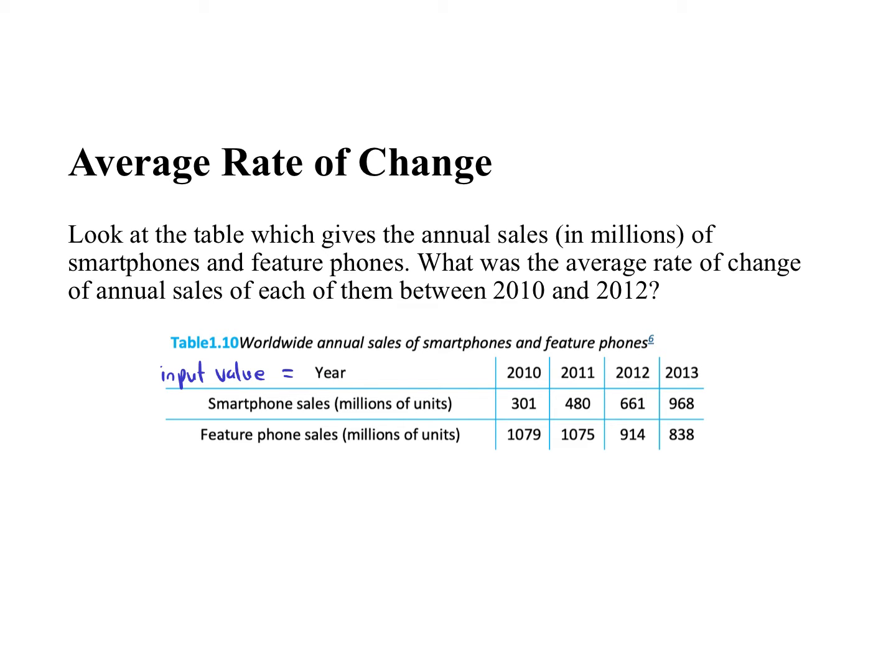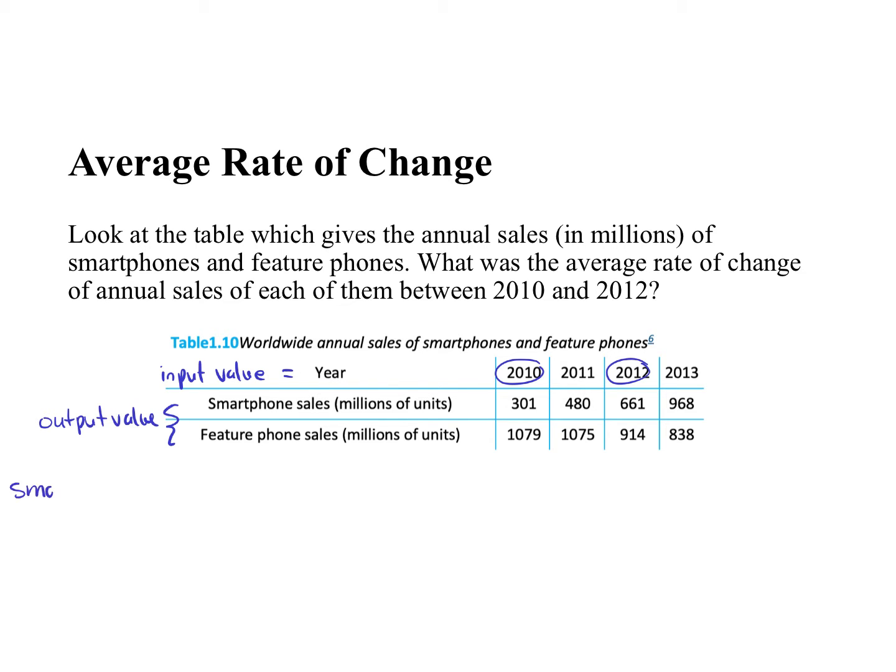And then the sales, these are our output values. So we have two different functions here, a function for smartphone sales and a function for feature phone sales. And we're going to take a look at the average rate of change between 2010 and 2012 for each type of phone. So let's go ahead and do that.